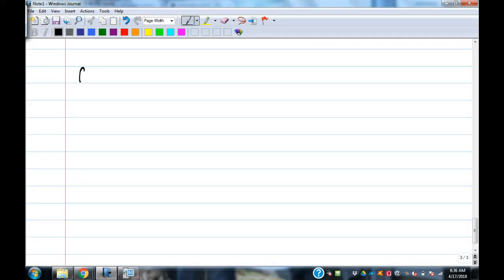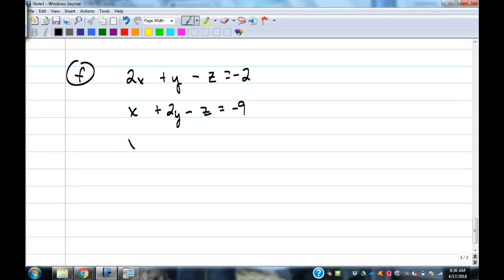Example F. 2x plus y minus z equals negative 2. X plus 2y minus z equals negative 9. X minus 4y plus z equals 1. Okay? Is our system in the right order to put into a matrix?